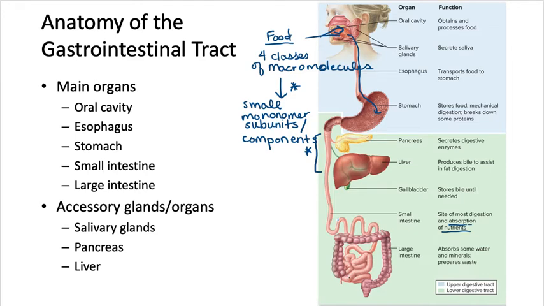When the undigested food then enters the large intestine, this portion right here that's made up of an ascending, transverse, and descending colon, these portions of the large intestine are packed with microorganisms, just eating away at the undigested materials. And then water is absorbed back into the bloodstream, and so feces is formed and excreted through the anus from the rectum.